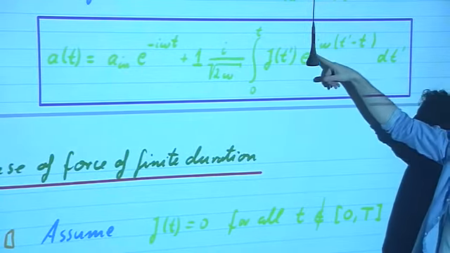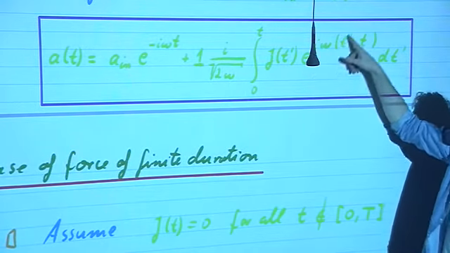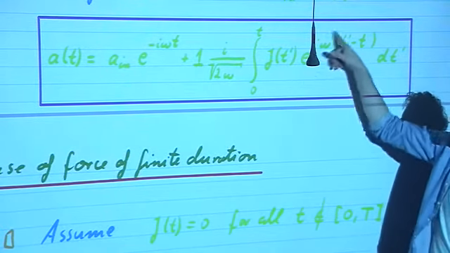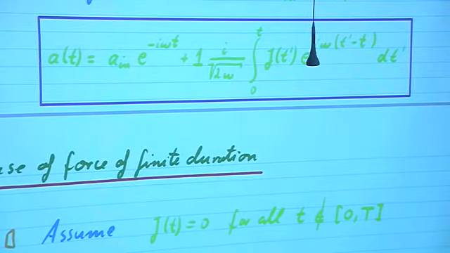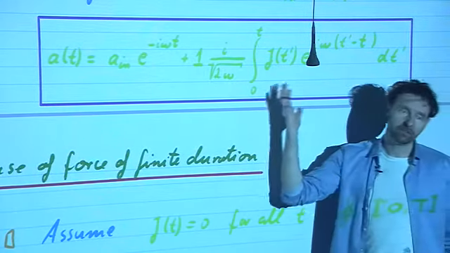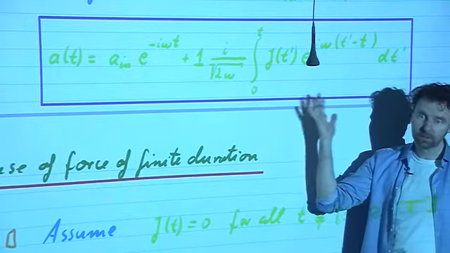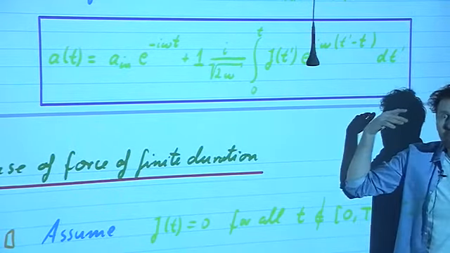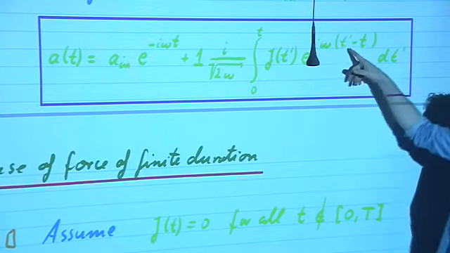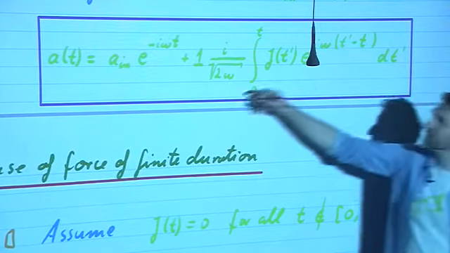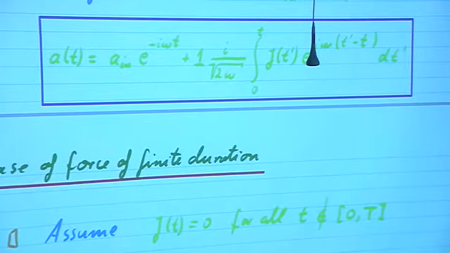And the factor e to the i omega t prime, together with this, is just the Fourier factor times that. In other words, we see that the impact of the driving force is proportional to the Fourier component of the driving force at the frequency omega, which is the natural frequency of the harmonic oscillator.